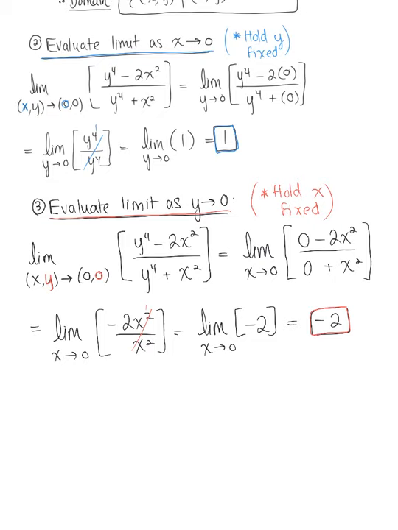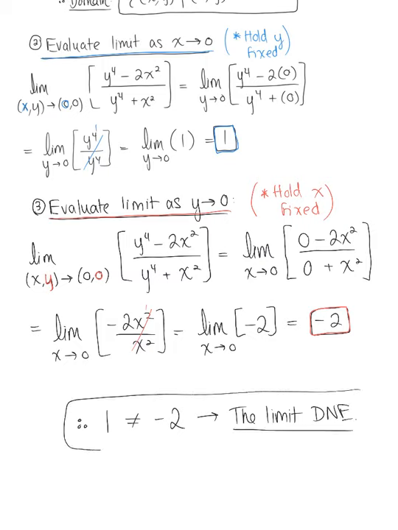So our final conclusion is that since the limit for x, which is 1, does not equal the limit for y, which was negative 2, the limit does not exist. And so that is our final verification step for the two-path test of non-existence.